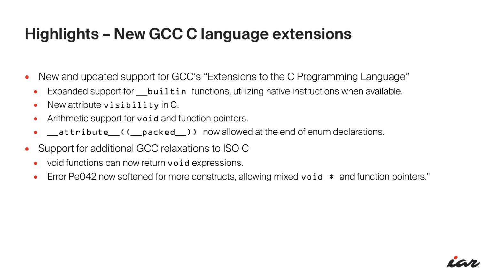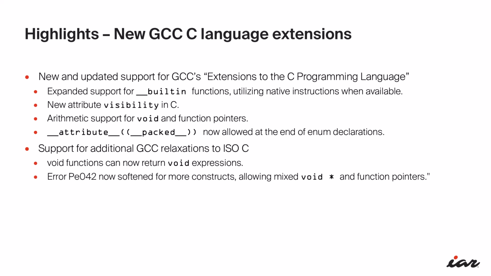We have a history of adding new GCC C language extensions, and that journey continues. In this release, we added quite a lot of new built-in functions. There is a new attribute named visibility. We also added arithmetic support for void and function pointers.